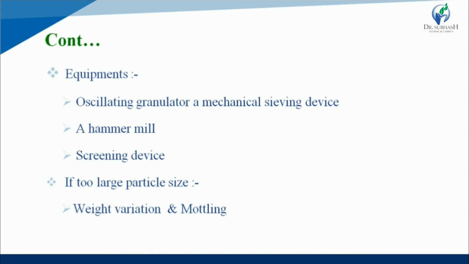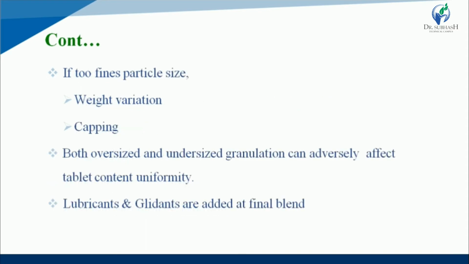Non-uniformity of color distribution is called mottling. If particle size is too small or too fine, it produces weight variation and it produces capping. We already discussed what capping is. That is one type of tablet defect.